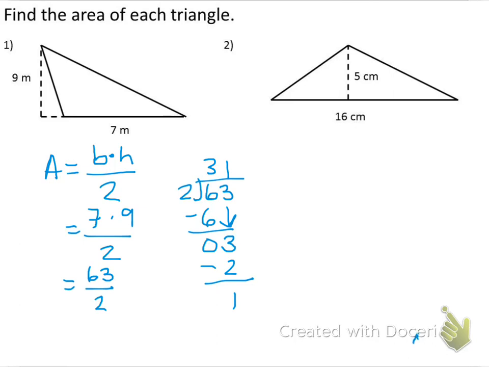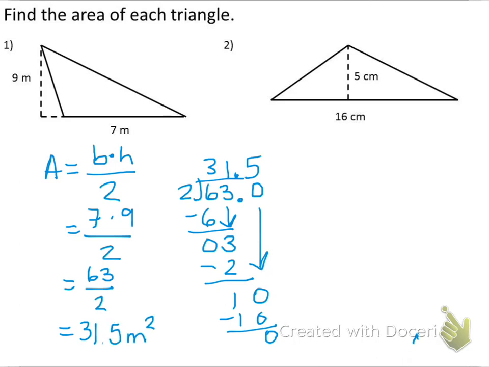So we're going to add a decimal point here and add a 0. Then we're going to bring that 0 down. How many times does 2 go into 10? 5 times, and 5 times 2 is 10, so we subtract that and get 0. So our area is 31 5/10 of a meter squared.